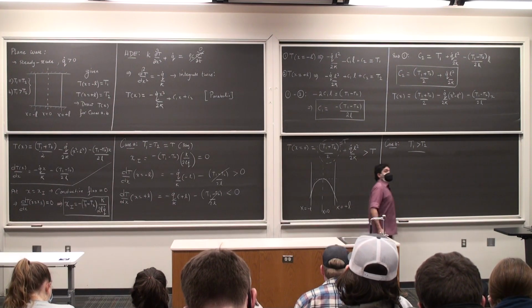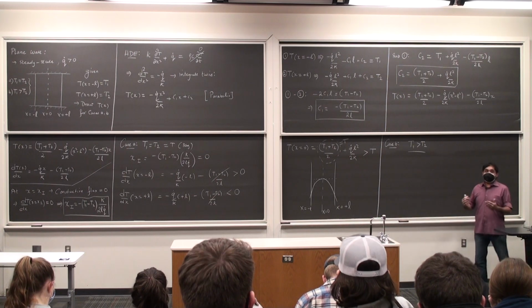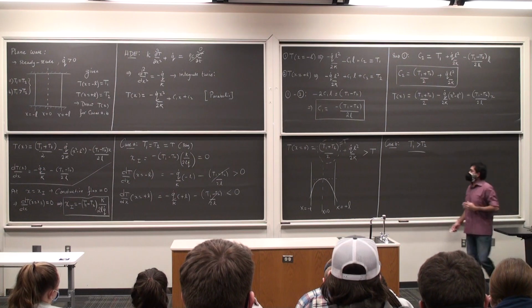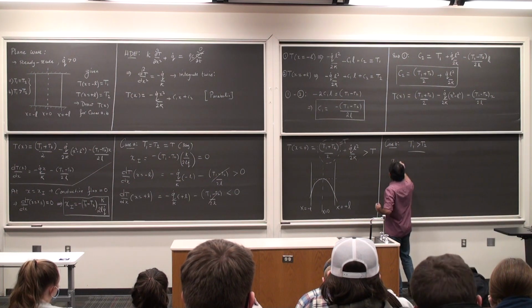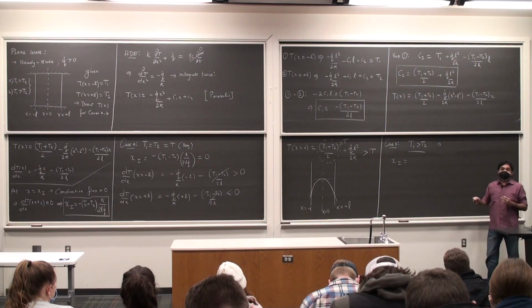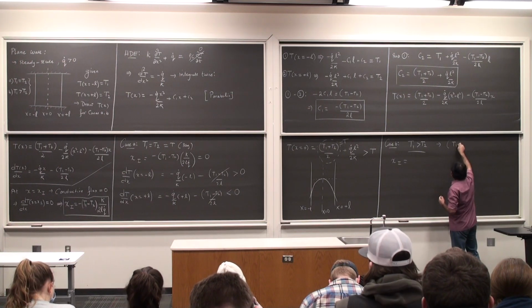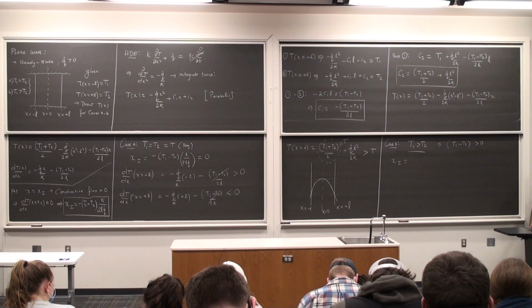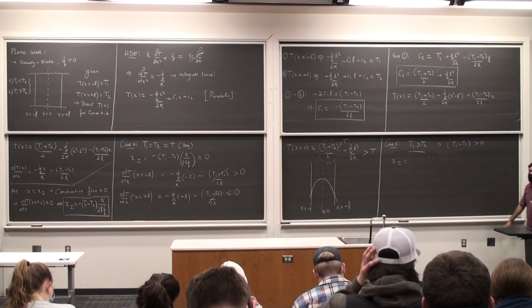So for T1 greater than T2, let us start off by looking at what is the location x equal to xi where the slope is 0. So this first of all tells me T1 minus T2 is positive. I don't know the extent of the value of T1 and T2, so you've got to bear with me on that.